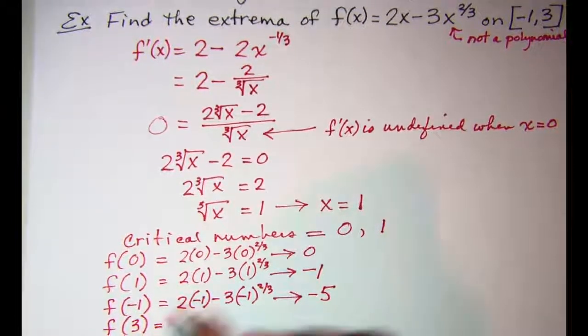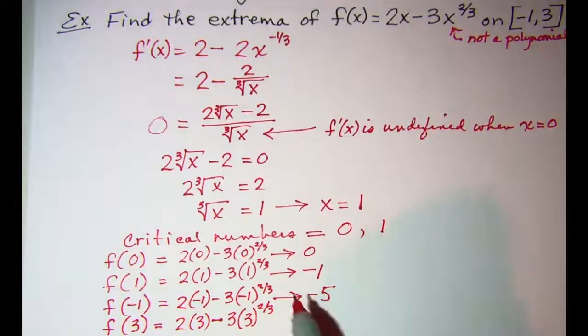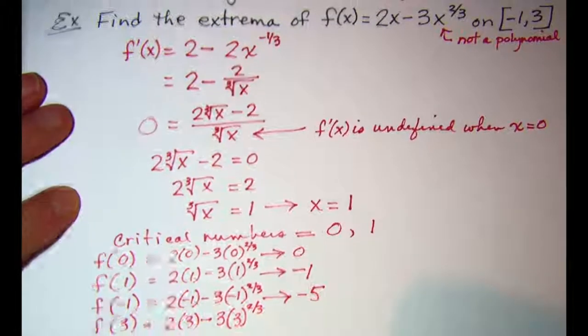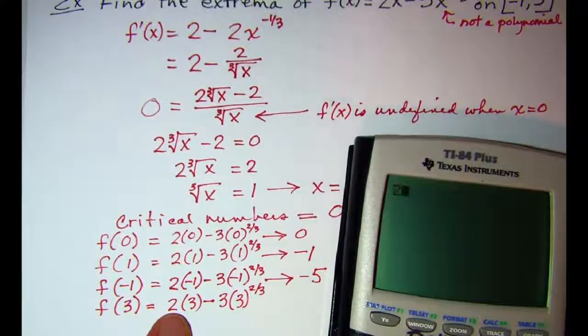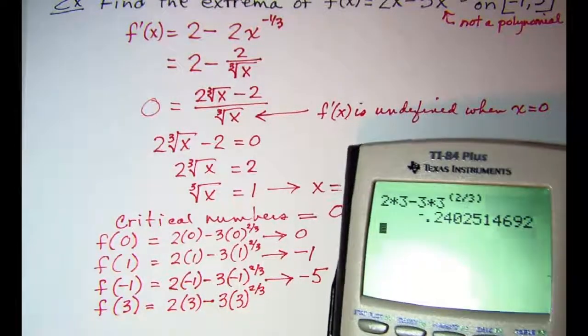And then f of 3, 2 times 3 minus 3 times 3 to the 2/3. That's not going to be a rational number, so let me get my calculator and do that. Is negative 0.2403.